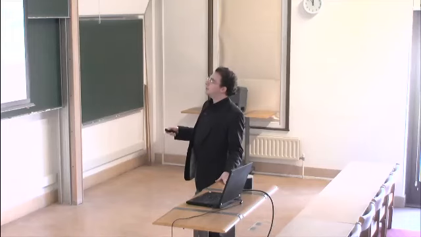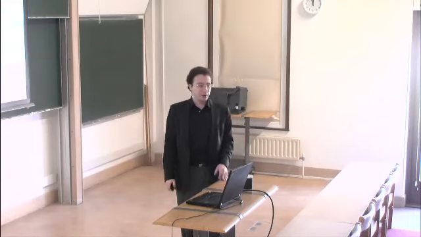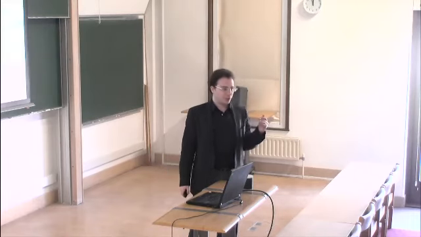Okay, so I should say that there is something which integrates in 3 dimensions to a number, like the gravitational Chern-Simons term. But of course, by parity or reflection positivity in Euclidean signature, it only affects the phase. So you might say that the phase isn't well defined.